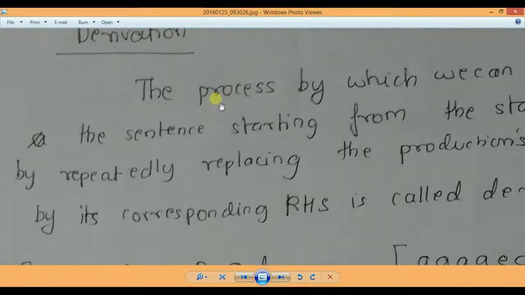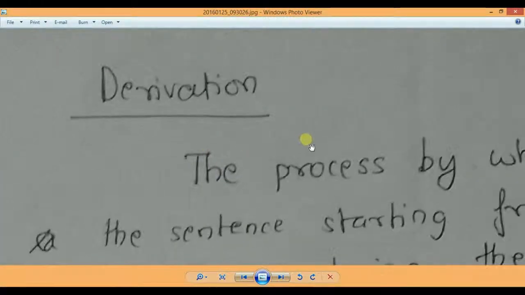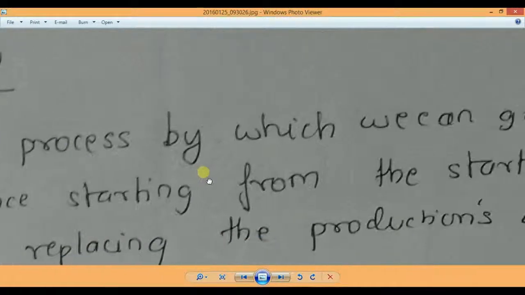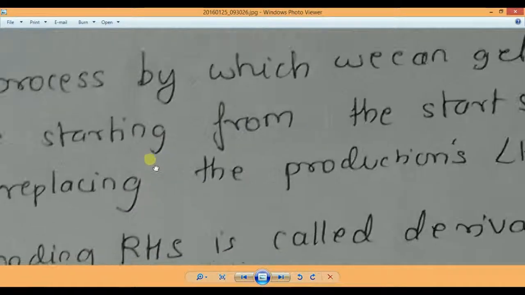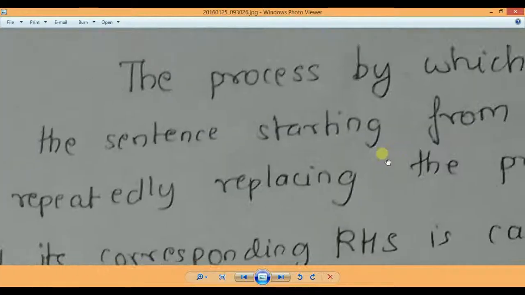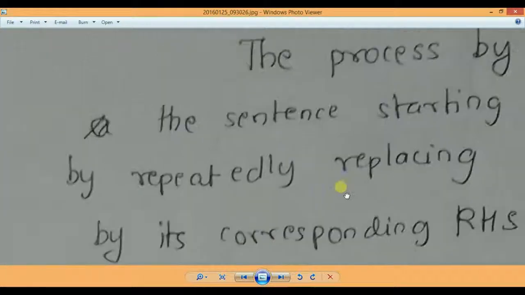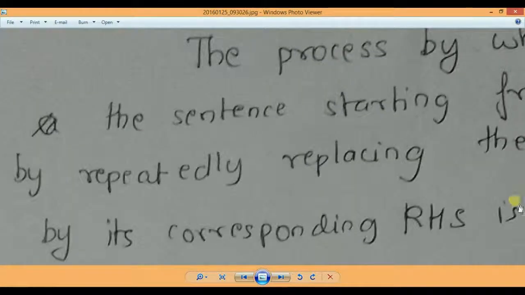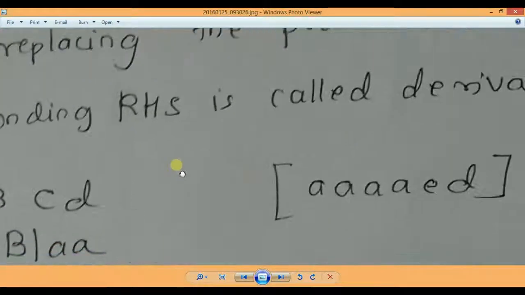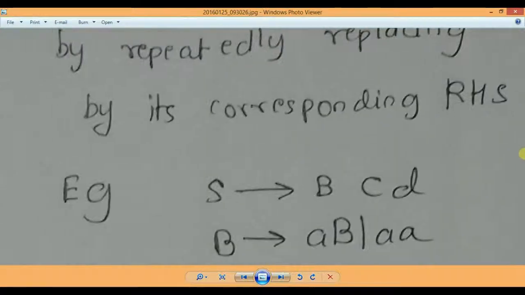Now let's move on to derivation. What is derivation? The process by which we get the sentence starting from the start symbol, by repeatedly replacing the production's left hand side by its corresponding right hand side, is known as derivation.